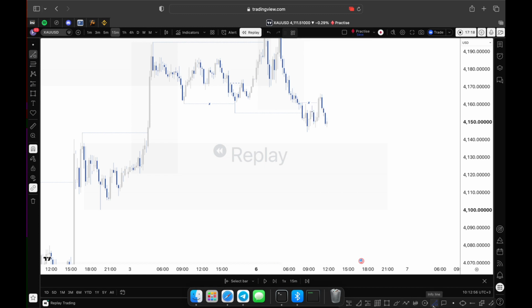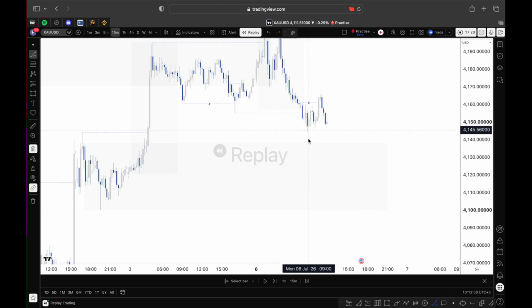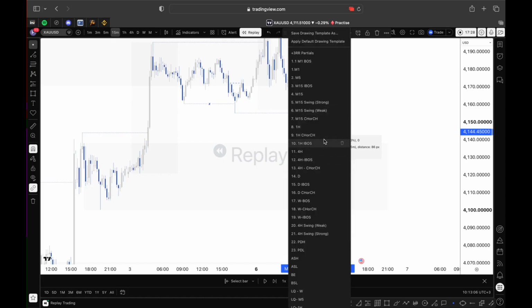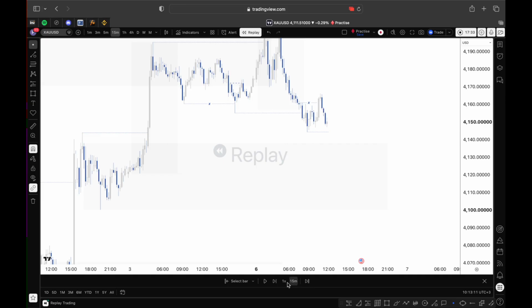So at least I'd love to see a break below this low so that I might consider more sales. Let's see if we get something below that low.